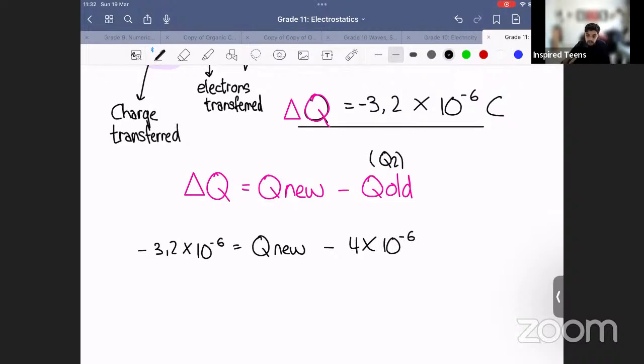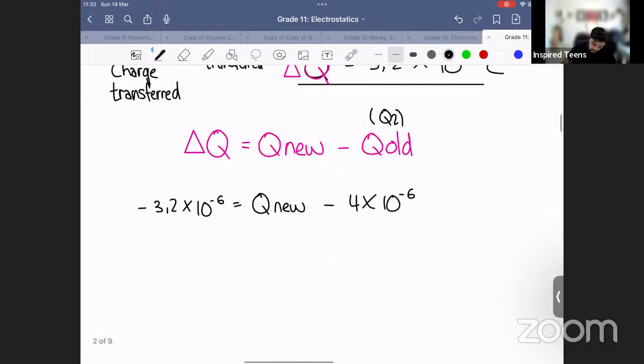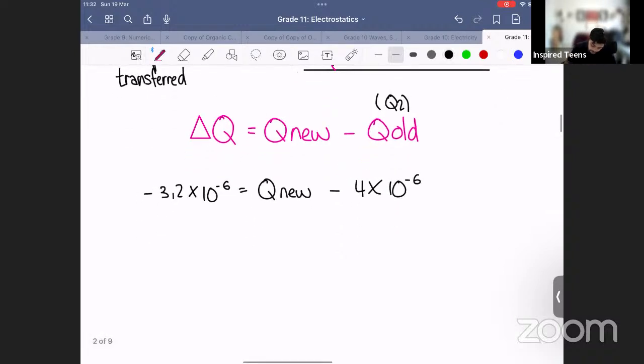So when you rearrange this, you get an answer for Q new. Okay, Q new is equal to 0,8 times 10 to the negative 6 coulombs.